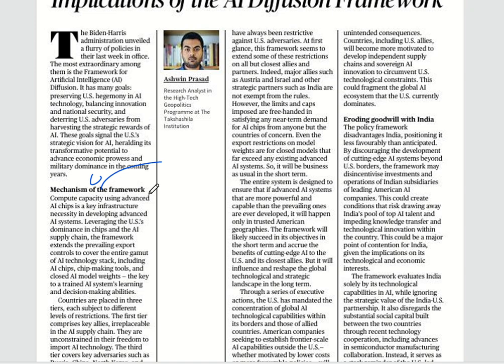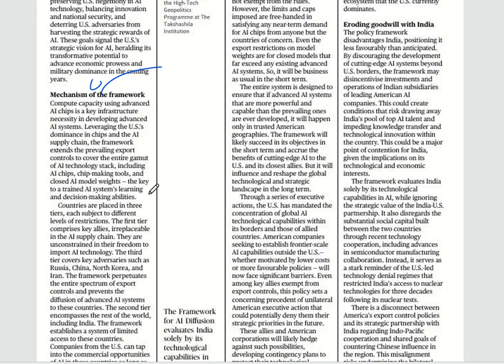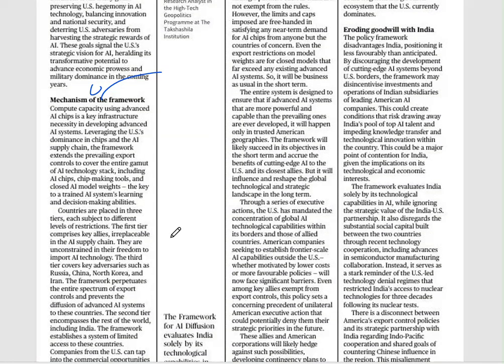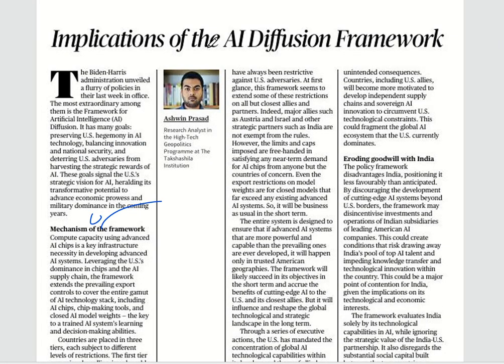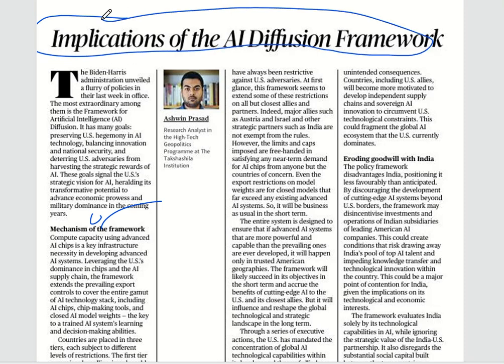You just need to read out its components, its implementation, and its opportunities. If you need any specific notes, I will provide you notes on AI from basics to advanced.